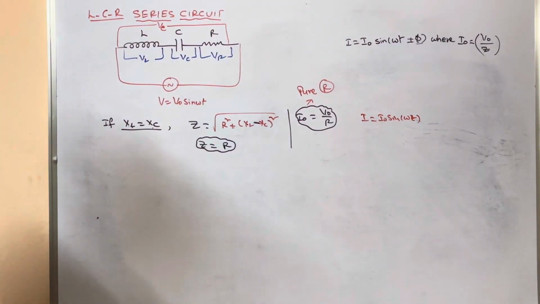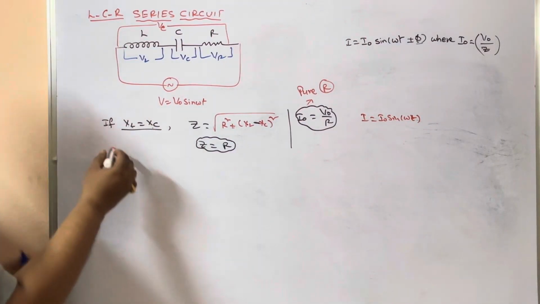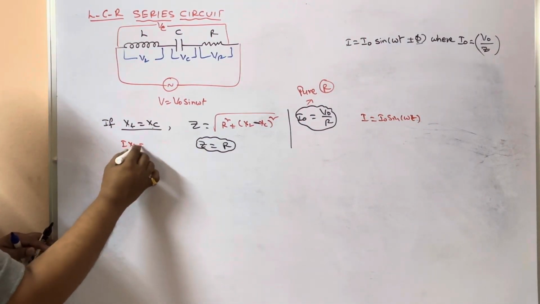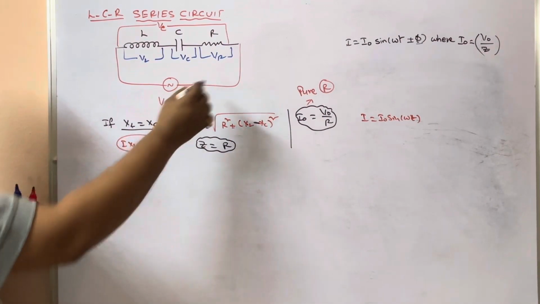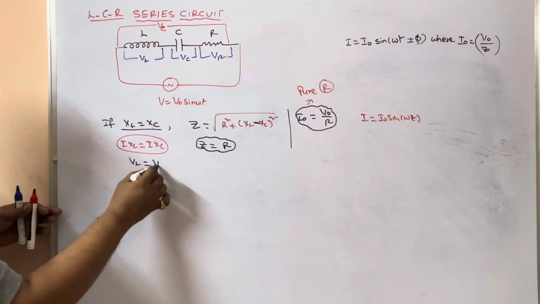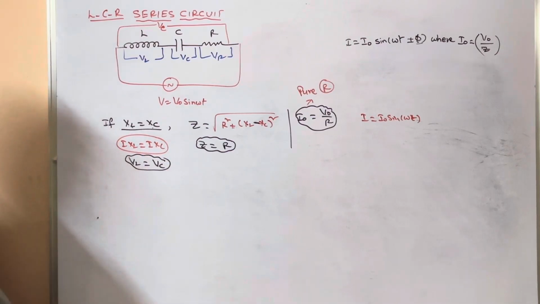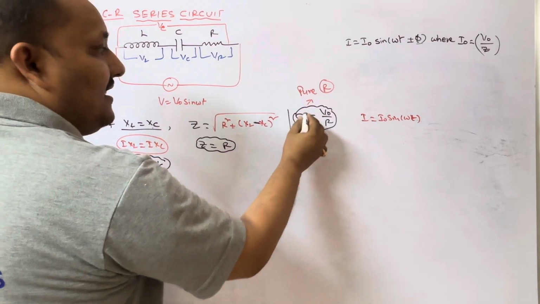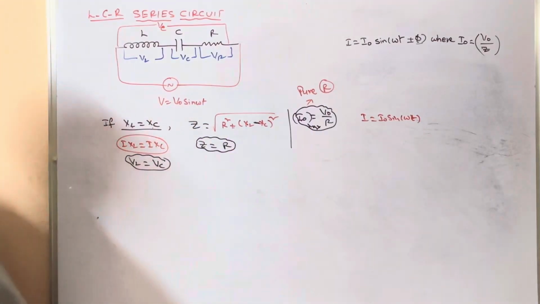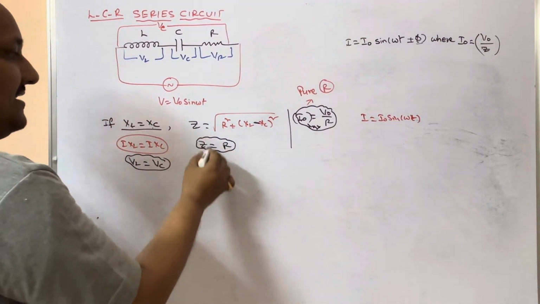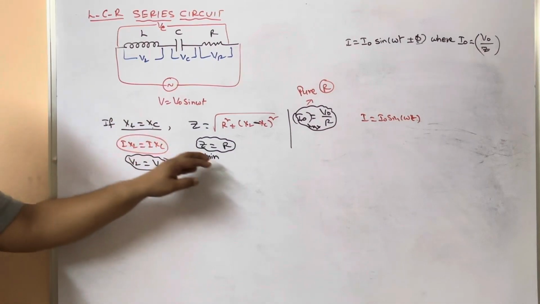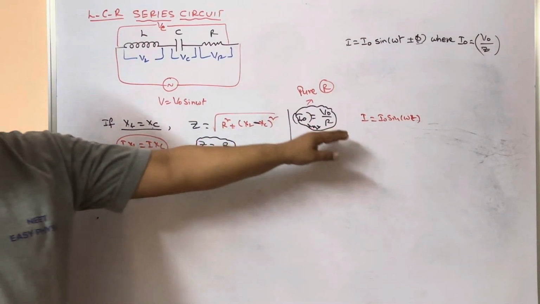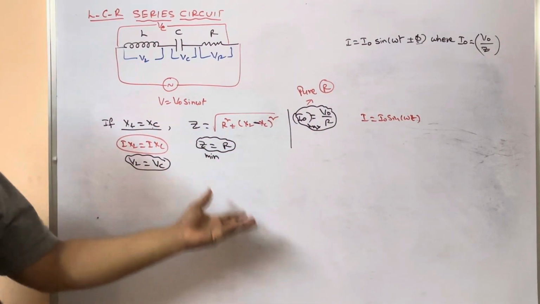Phi is going to be 0. Whenever XL equals XC, you can multiply with I, so IXL equals IXC. IXL means VL, so VL equals VC. Then the current is going to be maximum and the impedance is going to be minimum. This is the condition for minimum impedance and maximum current. Whenever resistance is small, what will happen?